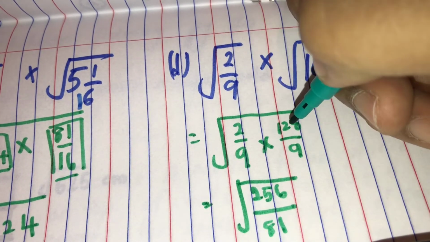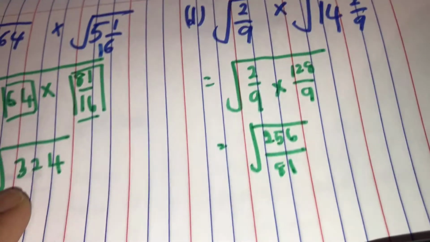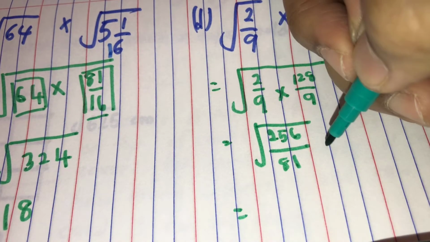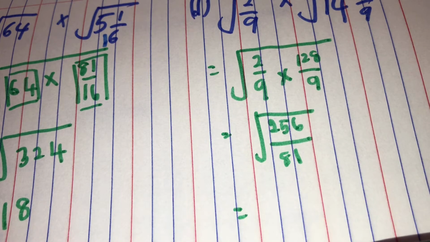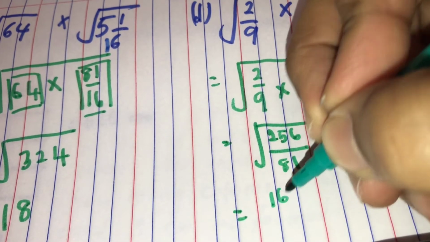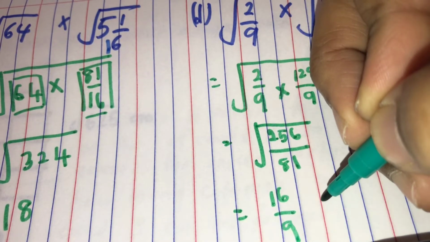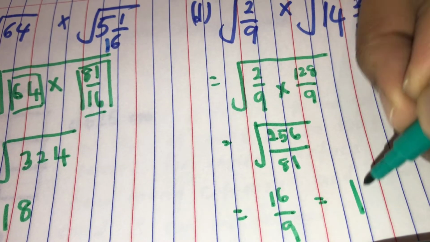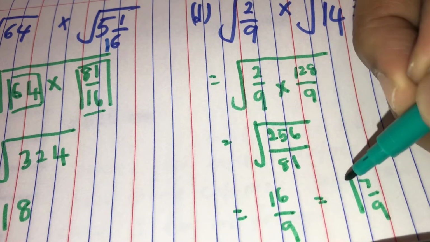Then you open the square root, square root 256 equals 16, square root 81 equals 9. So change to a mixed number, you get 1 and 7 over 9. So here you find the answer.